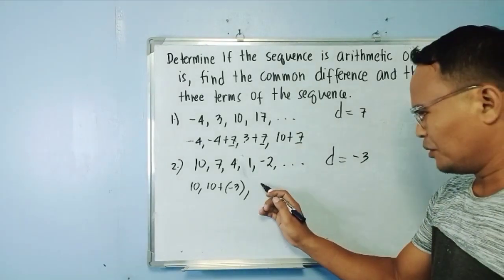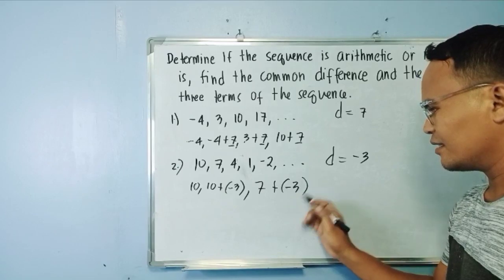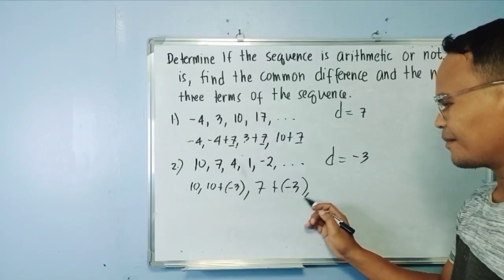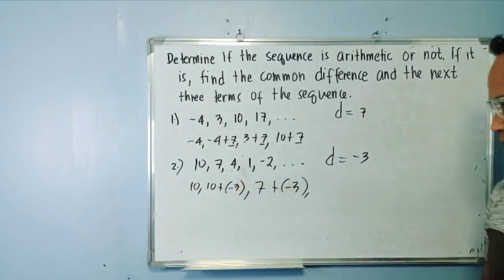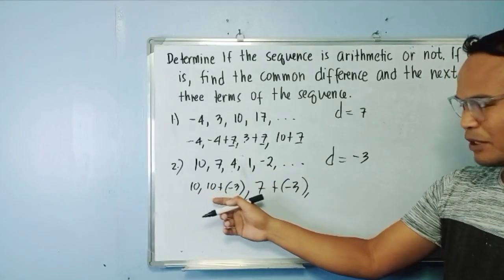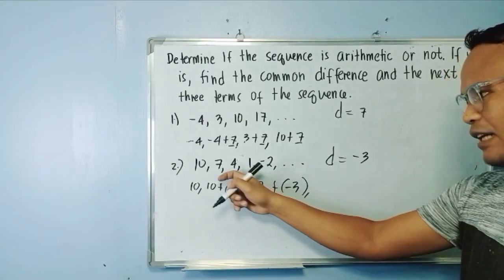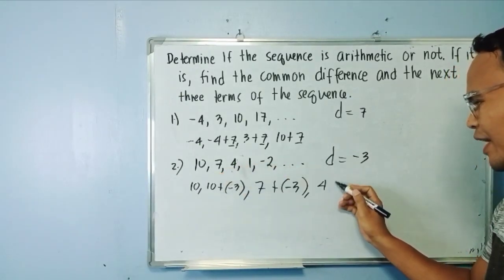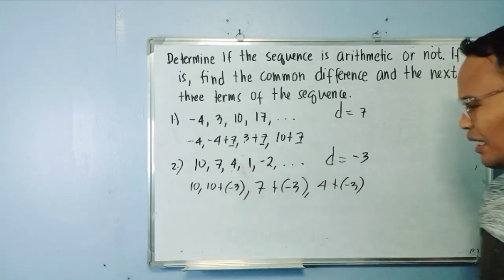Next, 7. If we added by negative 3, take note 7 is the second term. If we added 7 by negative 3, the result is 4. Same process that we did in the second term. Our third term is 4. If we added by negative 3, the result is 1.